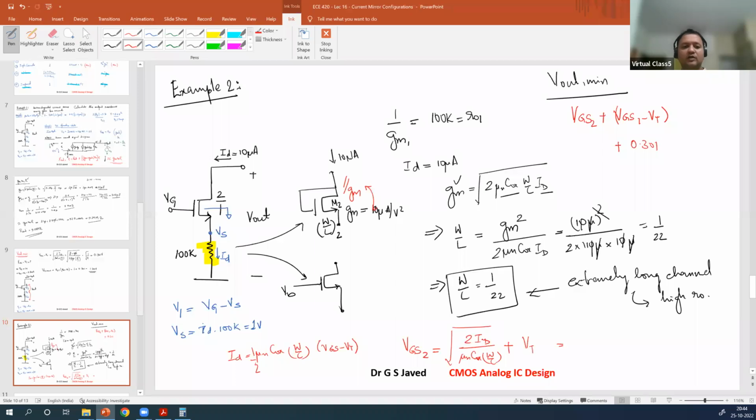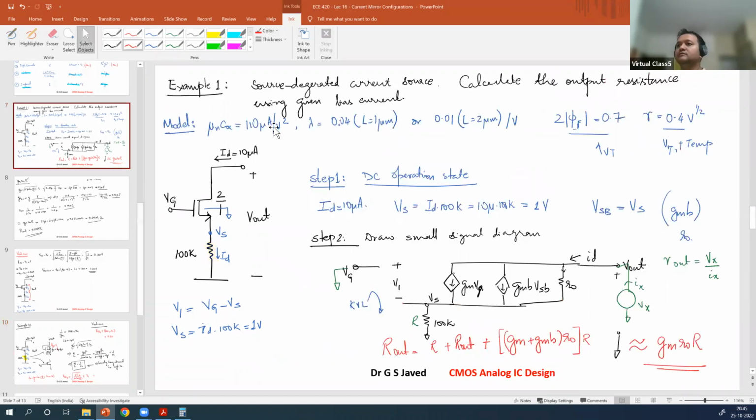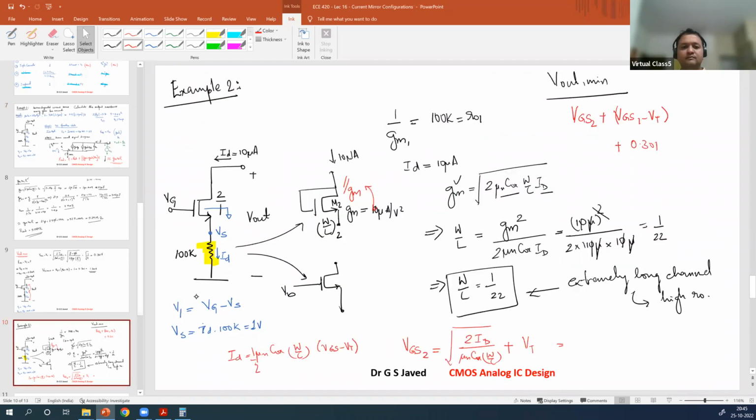So can we calculate this value? We can calculate this value, but do you know what VT is? The VT value is not given anywhere, so you need to find out VT somehow. What is 2ID over mu n Cox W over L?